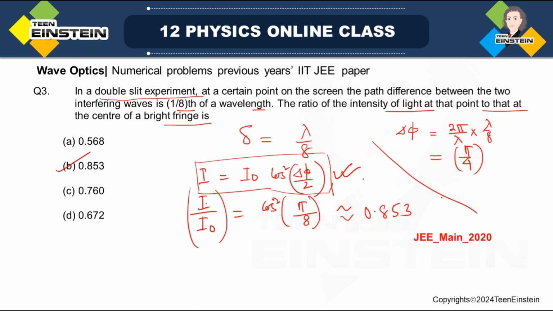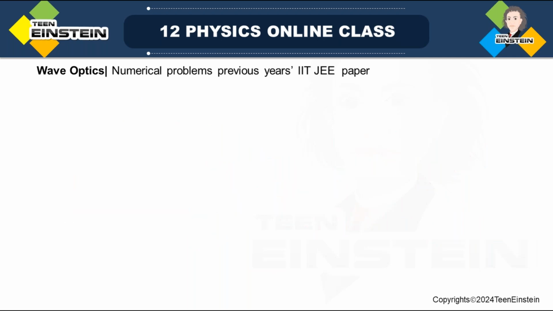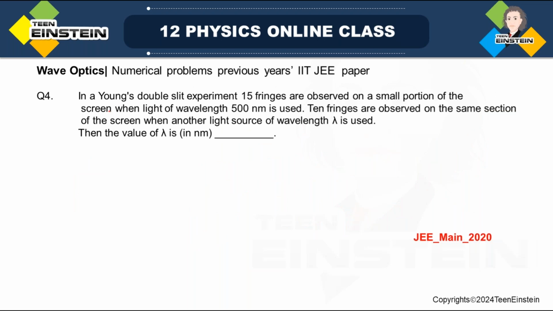Okay, let us go to the next question. In this question it is said, in a Young's double slit experiment, 15 fringes are observed on a small portion of the screen when light of wavelength 500 nanometer is used.